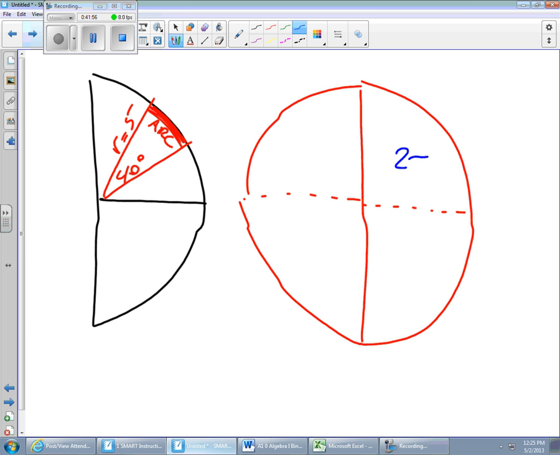That's 2 pi r. Okay, how do we know what portion of the circumference it's actually going to be? Well, we apply how much of the circle it covers. Okay, theta out of 360 degrees, where theta is the angle measurement inside of that arc. Okay, and there you go.